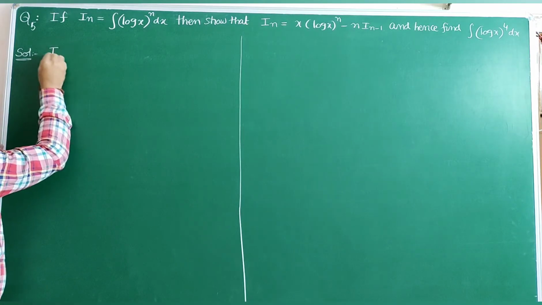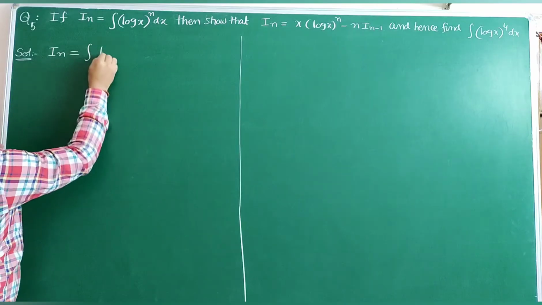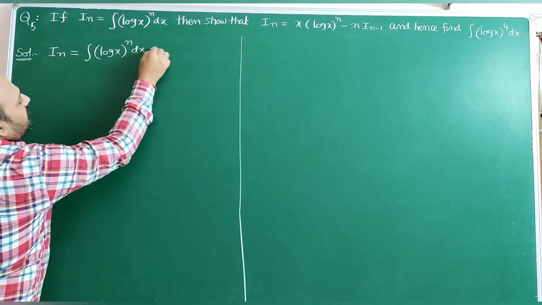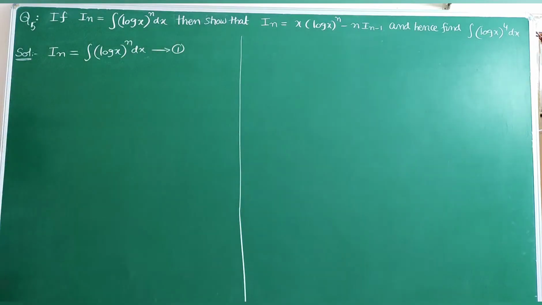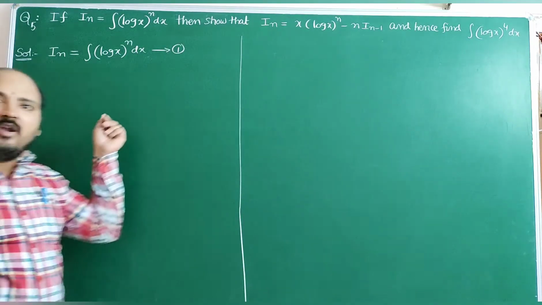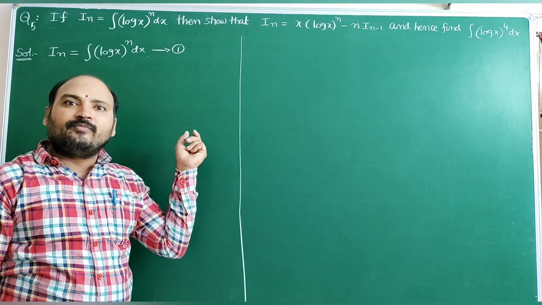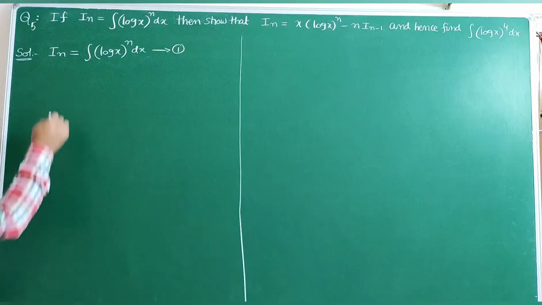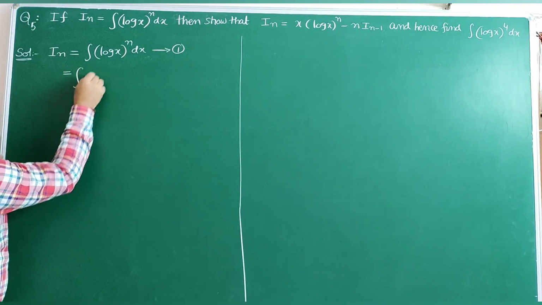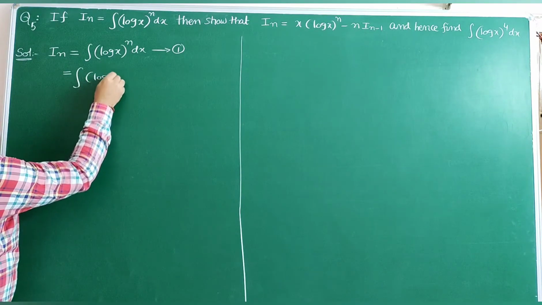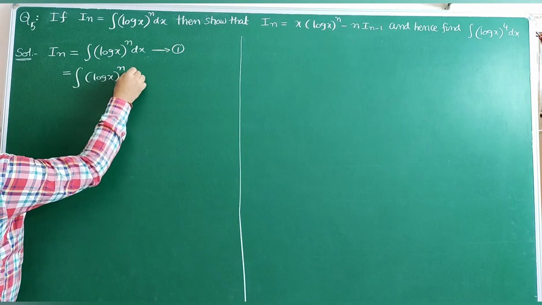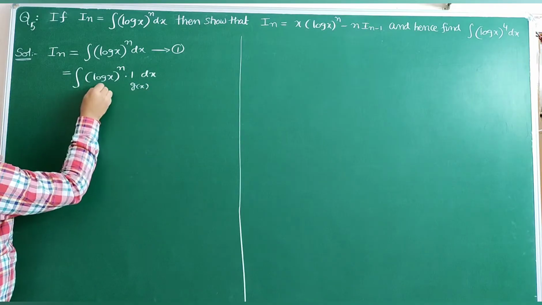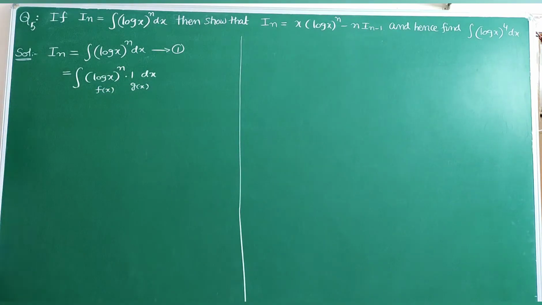first let us consider In is equal to integral of (log x) whole power n dx. Put that as equation number 1. We know that whenever a log term is there in the integral, the g of x function we can assume as 1. So this can be expressed as integral of (log x) whole power n into 1 into dx. 1 is g of x, (log x) whole power n is f of x.